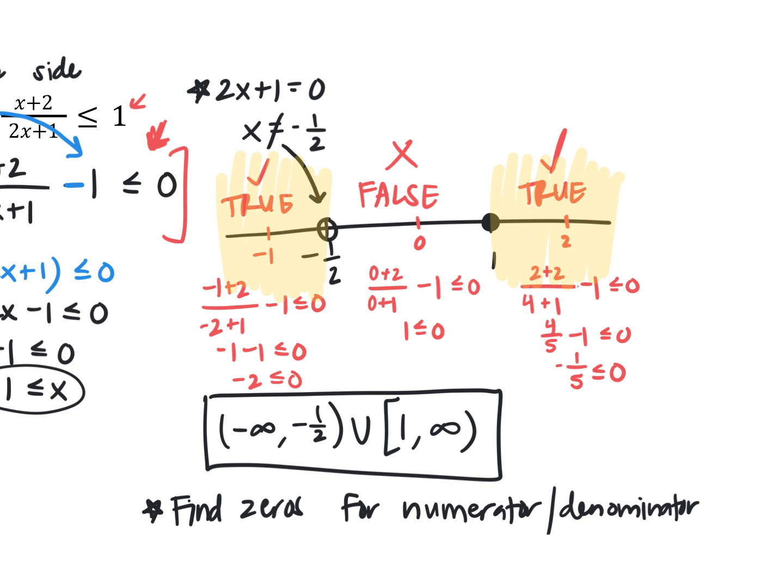That's how we got our negative 1/2, from where our denominator could not equal 0, and we got 1 by solving it there. So we've got to test those things on our number line in order to get our intervals.